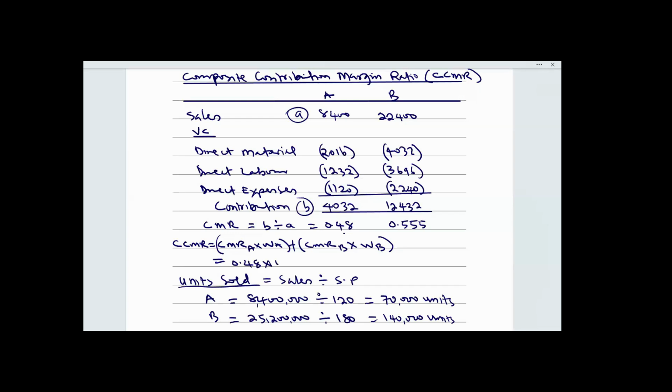The proportion of product A is 20% because 80% is for B. Then B is 0.555 multiplied by 0.80.